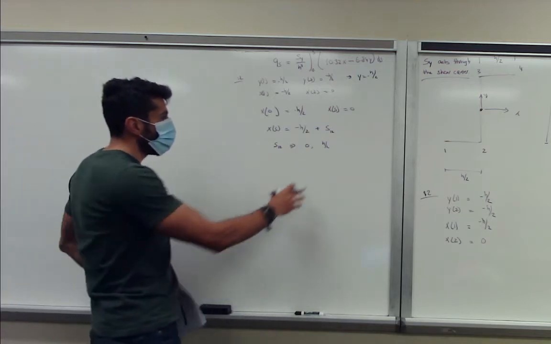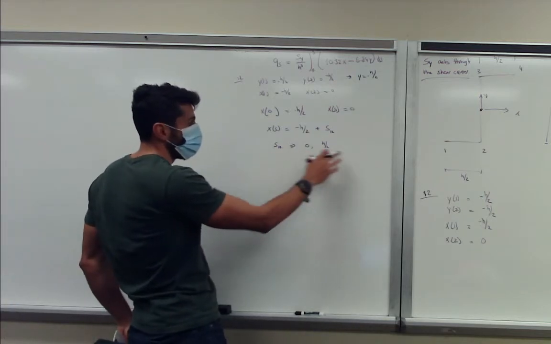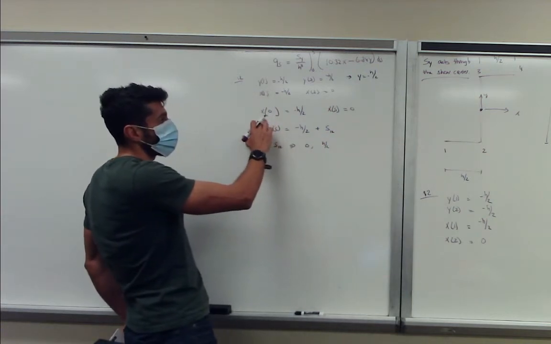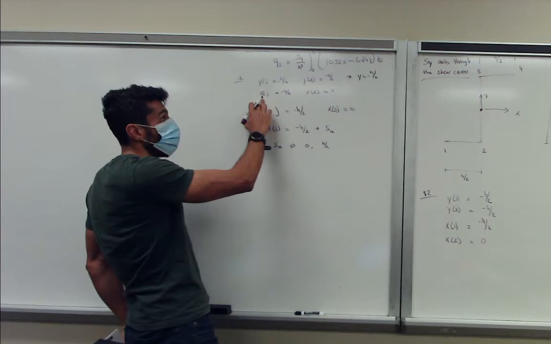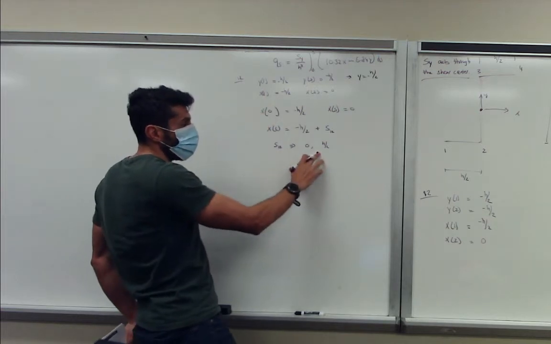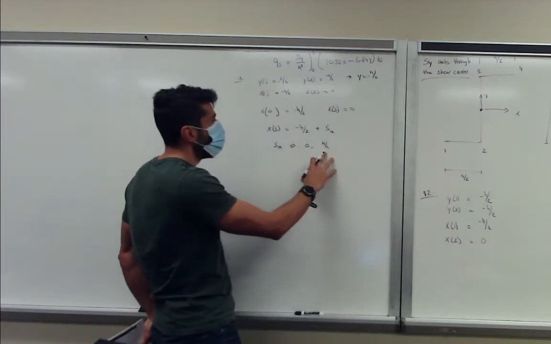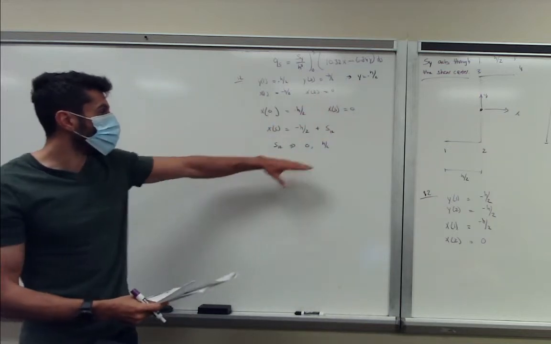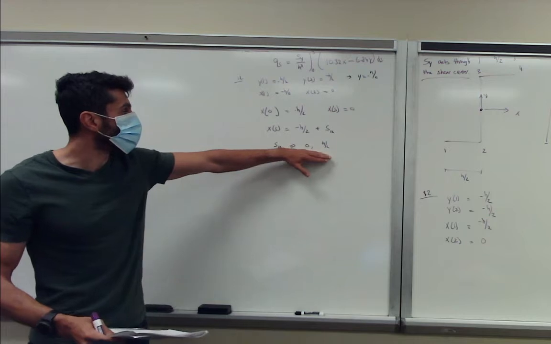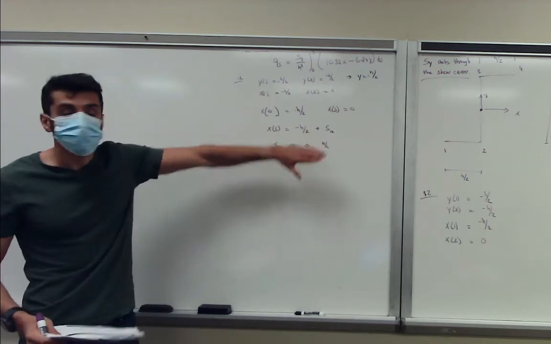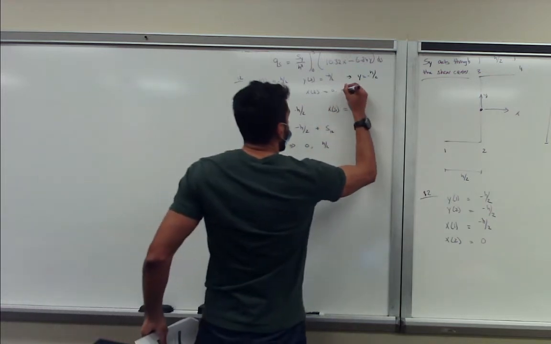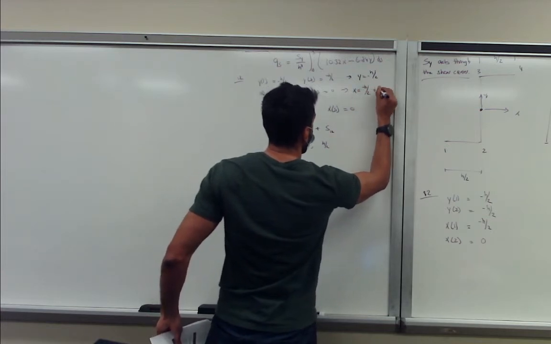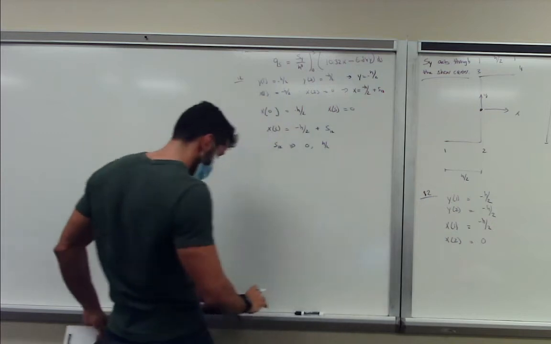If you plug in s1 equal to 0, we get negative h over 2, which corresponds to our location 1. And if you plug in our travel distance of h over 2, we get our x2 location, which is equal to 0. So this is the correct function to deal with. Here, we realize that negative h over 2 plus s1, 2 is our function.